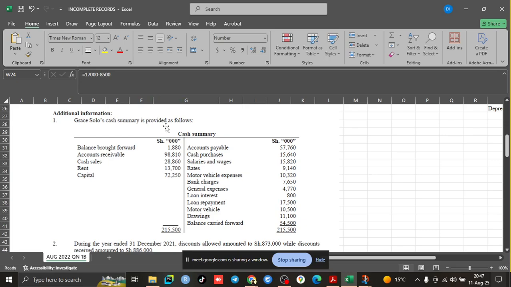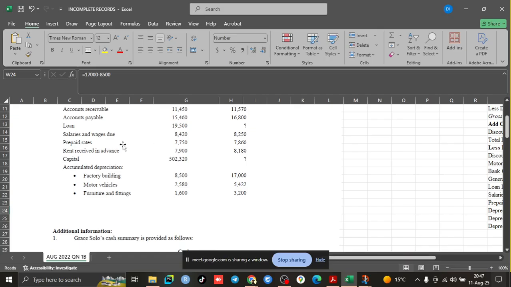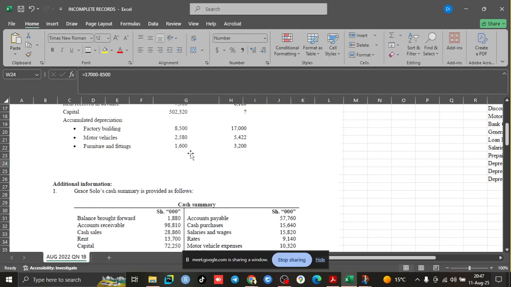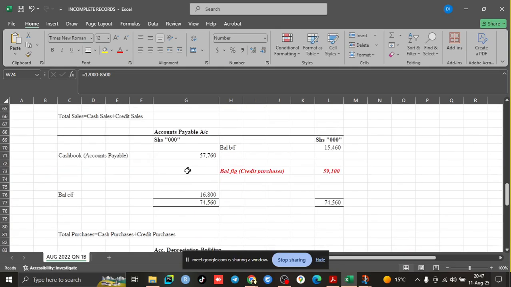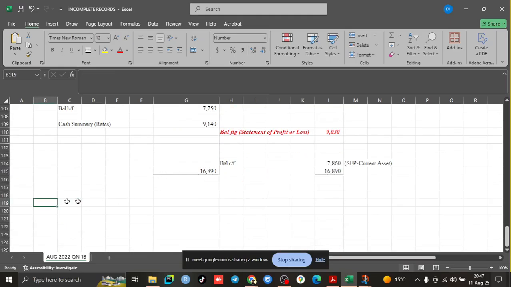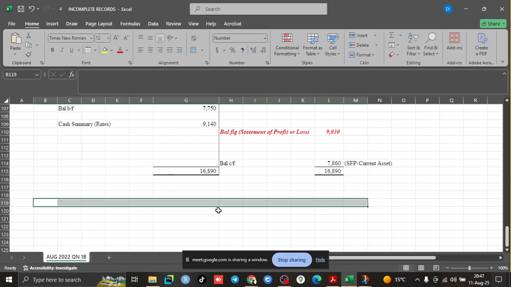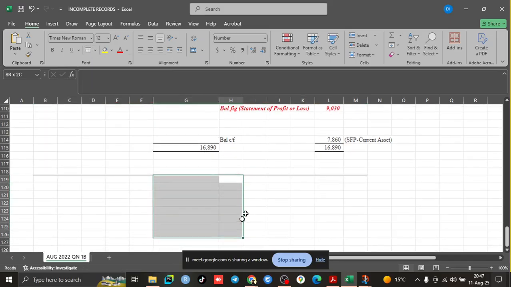So the same thing, tufungue a rent account, then it is an advance, ni rent received in advance. So your rent received in advance meaning it's what? It's an asset account, yes. So tufungue rent account here. Tupate the balancing figure.